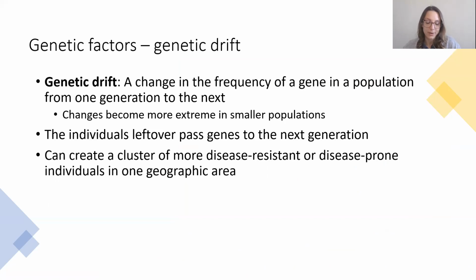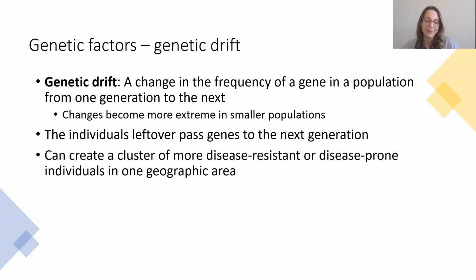It can also happen due to geographic barriers. Specifically, things like restricted migration can cause populations with a specific set of genes to be located in one particular area of the world, or these genes can then cluster if that population is very isolated in that geographic space. It can also happen due to something like epidemics.